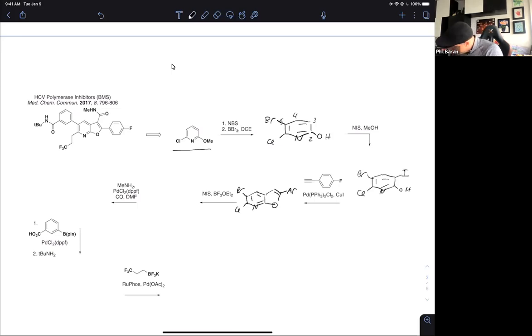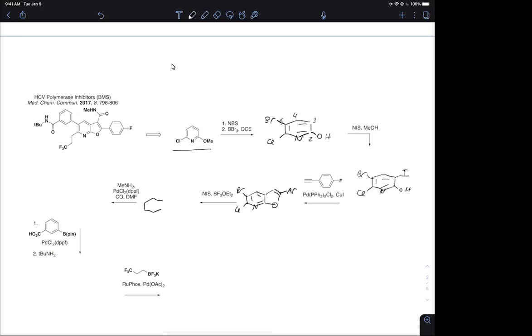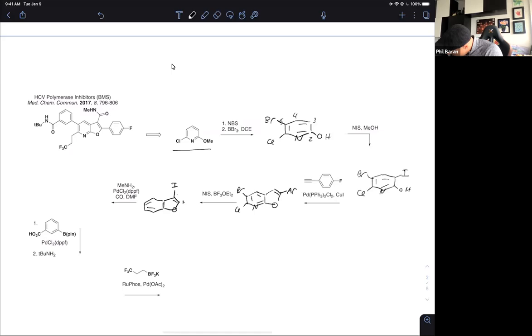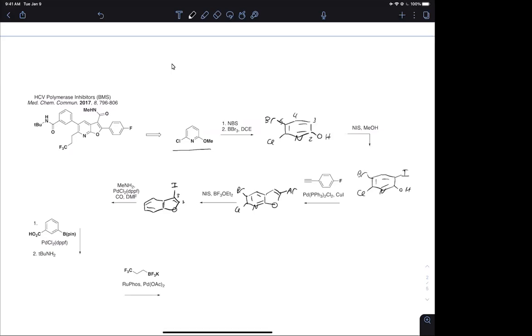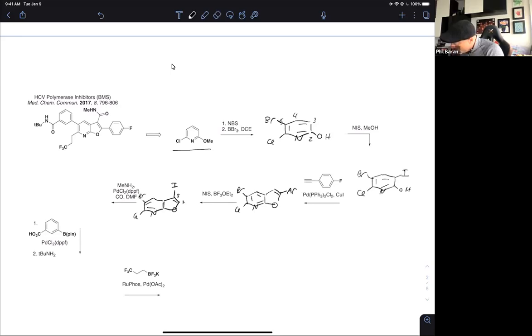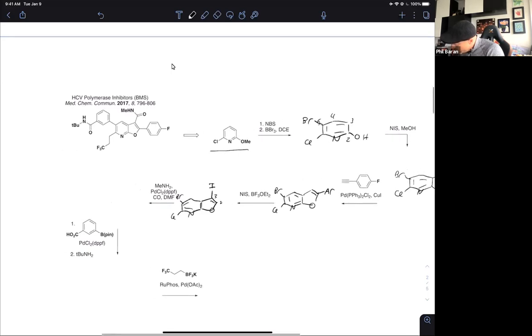Feng, you can keep going. If you treat it with NIS, I think the furan ring will be iodinated on the C2 position. Well, the label here would be 3. Oh, okay, C3 position. Right. And subsequently, we'll need to treat this with a set of conditions that involve palladium and carbon monoxide.